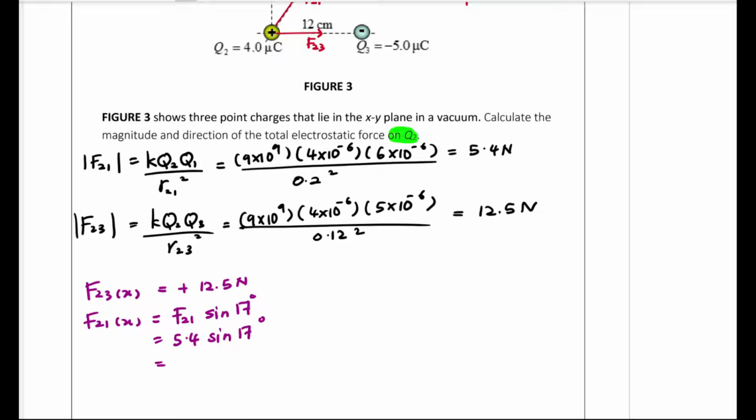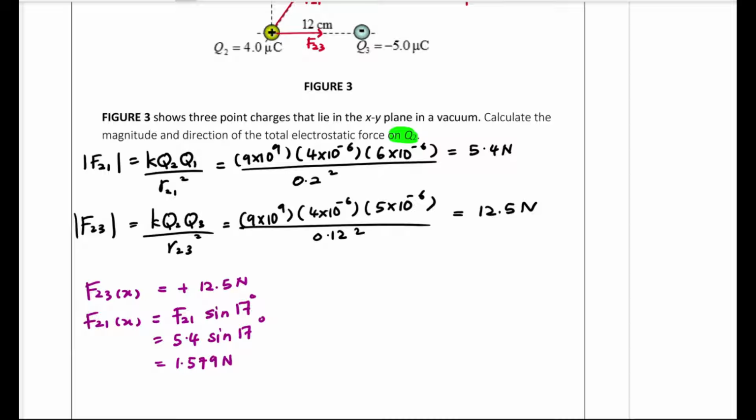So you need to calculate this, 5.4 sin 17, which is 1.579 Newton.